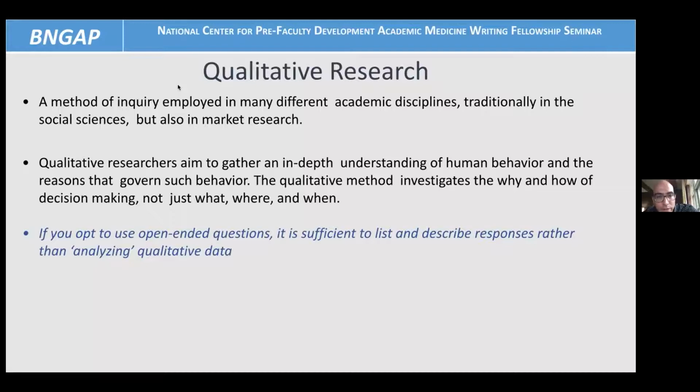Looking at qualitative research, as I mentioned, it's something that is used in all sorts of academic disciplines, traditionally in the social sciences, but also market research. The aim is to gain a deeper understanding of human behavior, and it investigates the why and how of decision making.